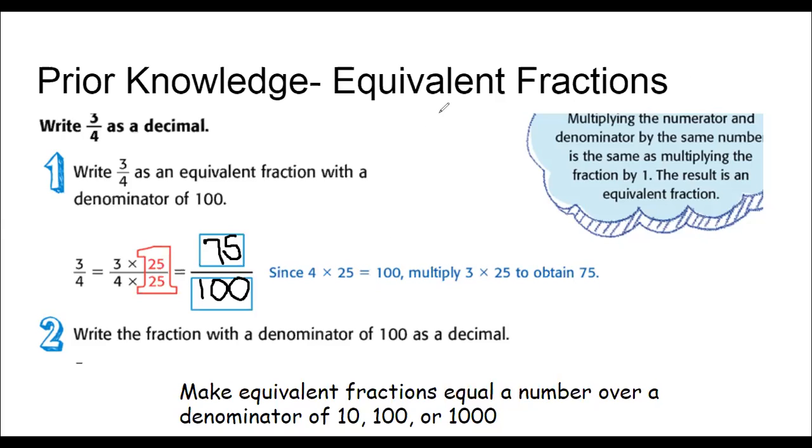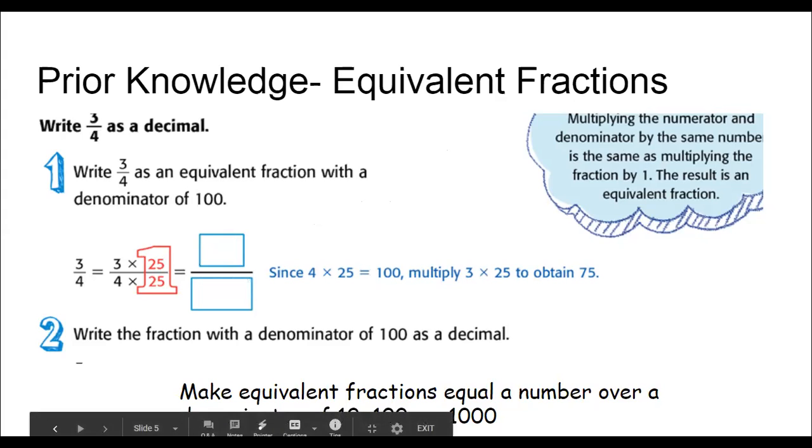Now, Miss Kennedy, how does this equal a fraction? Well, we go back to the place value. Let's keep this in mind, and I'm going to clear up my annotations. 75/100.